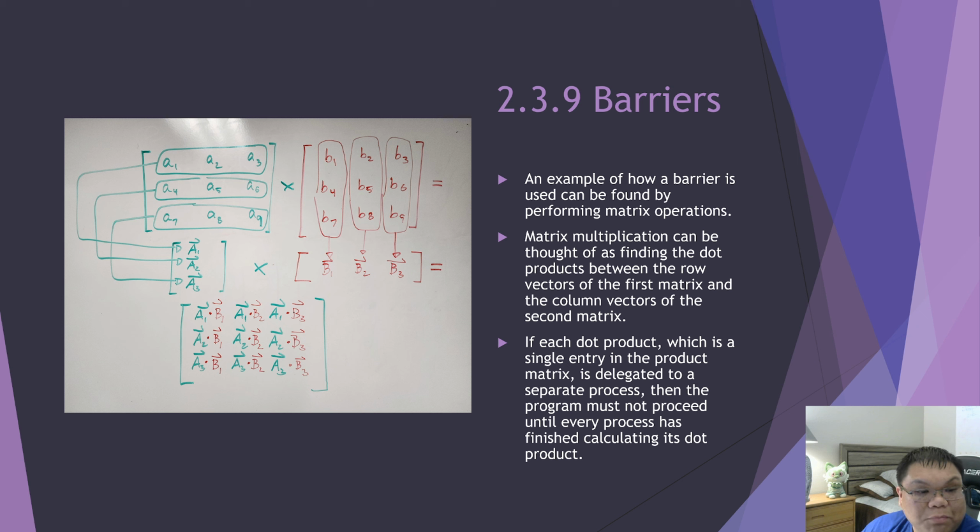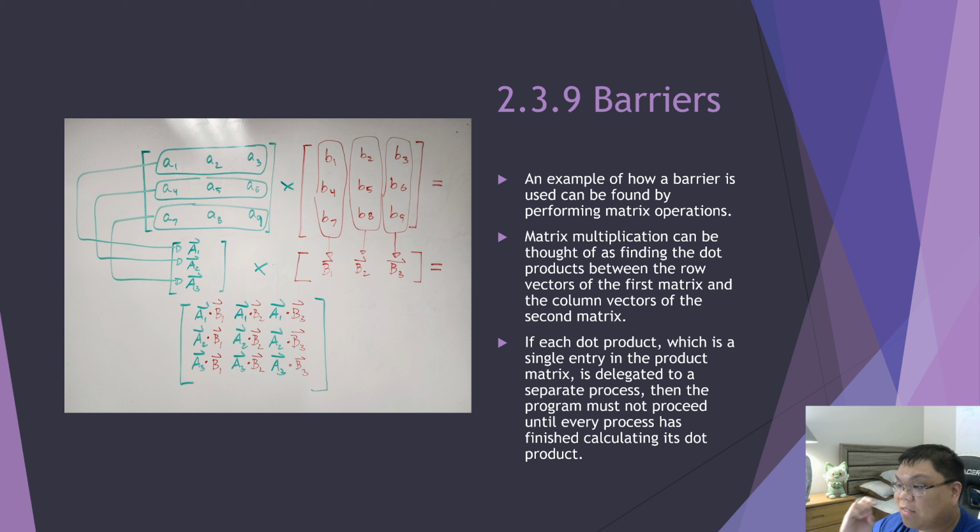If we just pull out this dot product here, this is little a1, little a2, little a3, and then this is little b1, little b4, little b7. So the dot product is a1 times b1 plus a2 times b4 plus a3 times b7. That entire calculation is this one value here. And then we repeat the same thing with all 8 other entries, but using different vectors for each one.